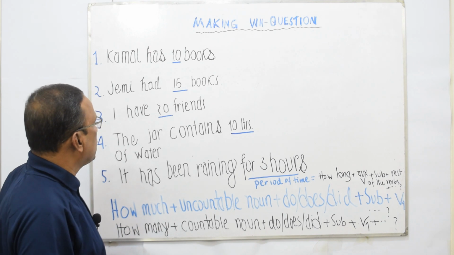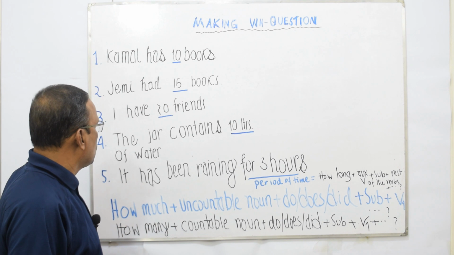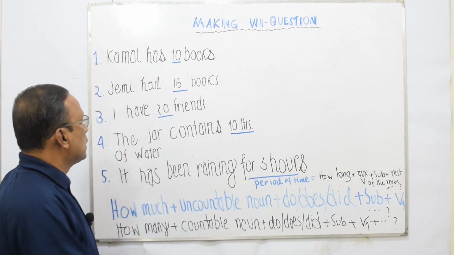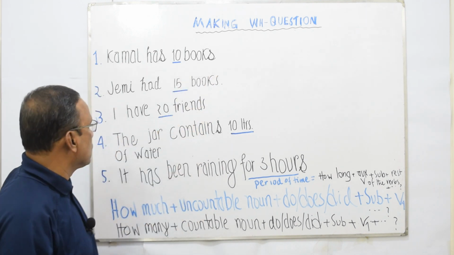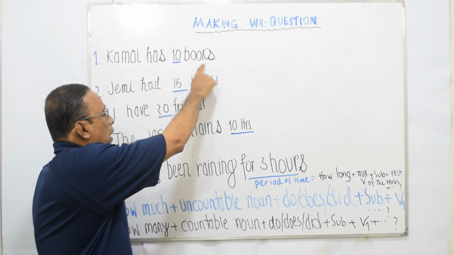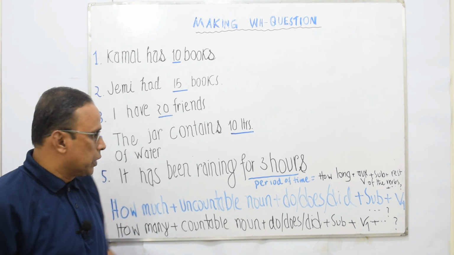When the mark is just down a number, we have to notice one more thing, whether the noun after the number is countable or uncountable. We can see the word book, and it is in plural number. So no doubt it is a countable noun.